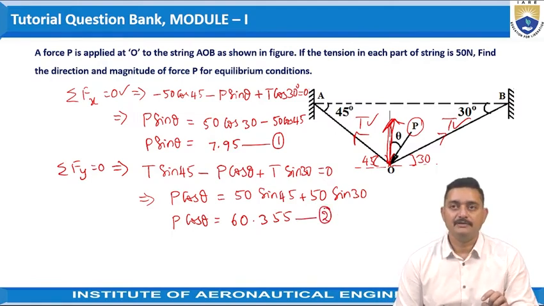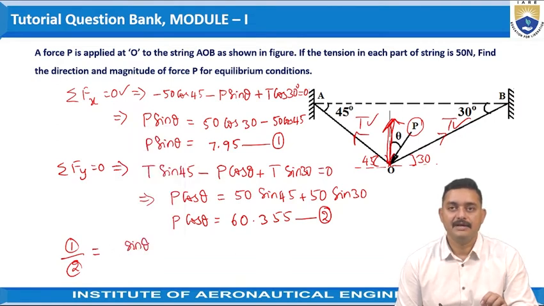Now what we are doing? We are dividing equation 1 by equation 2. So we can write P sin theta by P cos theta is equal to 7.95 by 60.35.